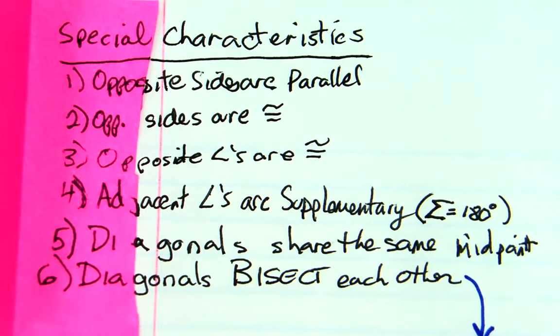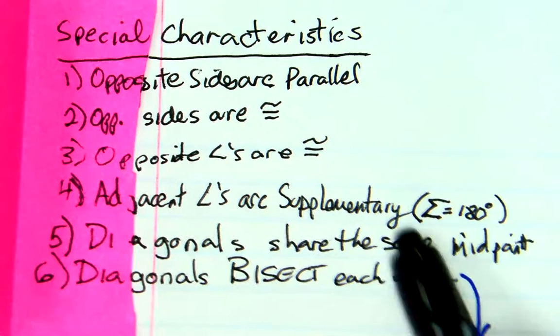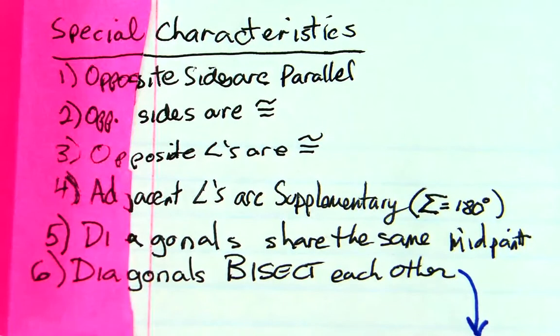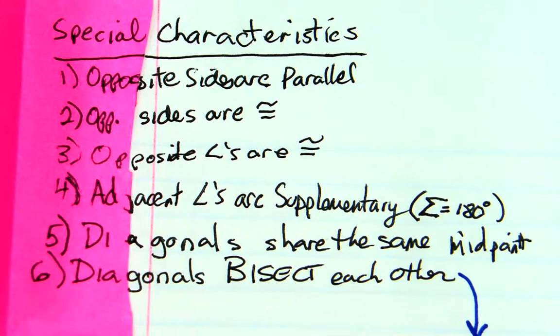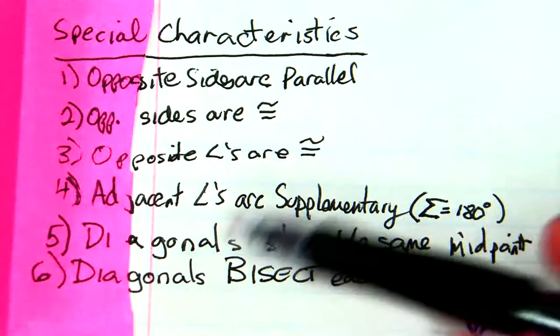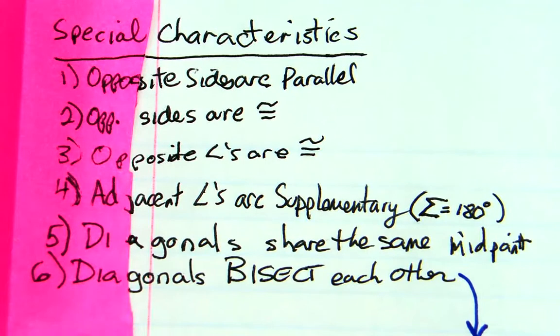But what we're going to do is make this list so everybody has this. And you can always go back to it. Because if I say, what is this figure? And you think it's a parallelogram, well, it better have these 6 parts to it. Alright, so, are we good with these 6 parts?